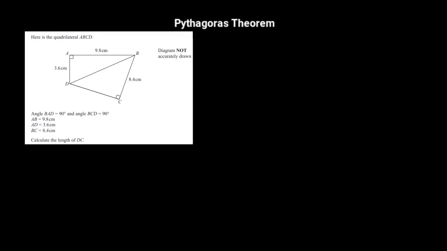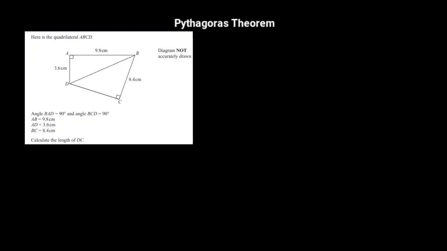It says here is a quadrilateral ABCD and angle BAD is equal to 90 degrees and angle BCD is equal to 90 degrees as well. Length AB is equal to 9.8 centimeters, AD is equal to 3.6 centimeters and BC is equal to 8.4 centimeters.